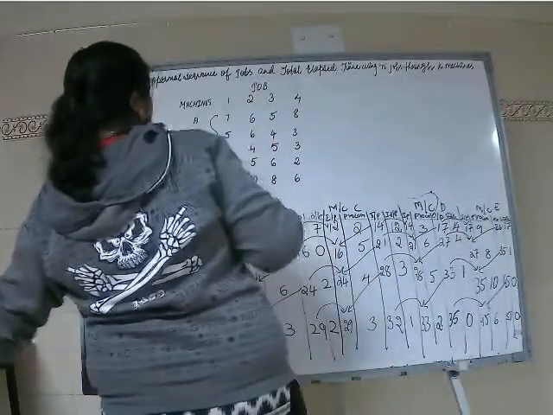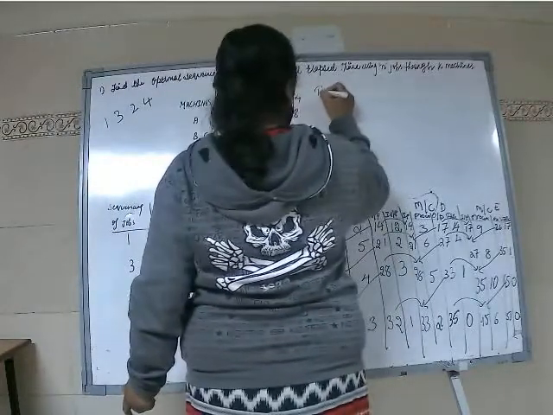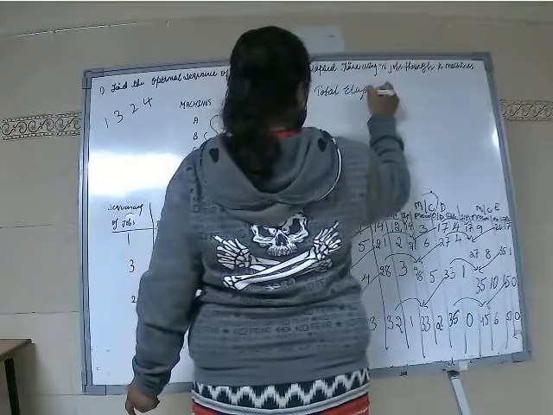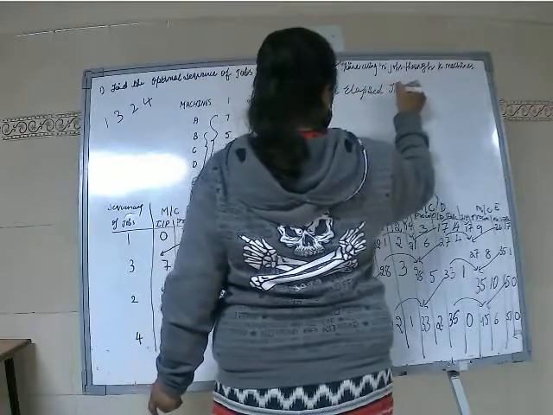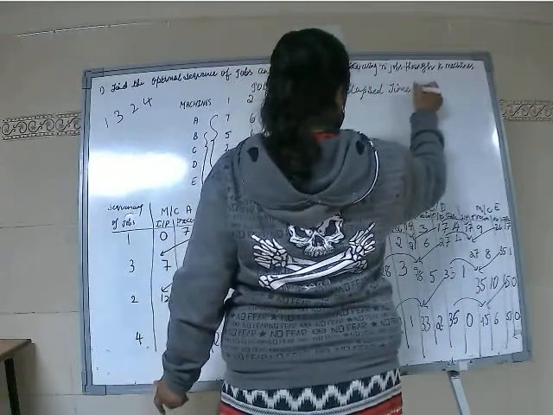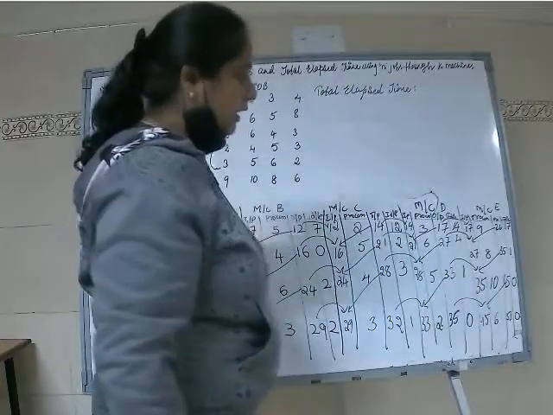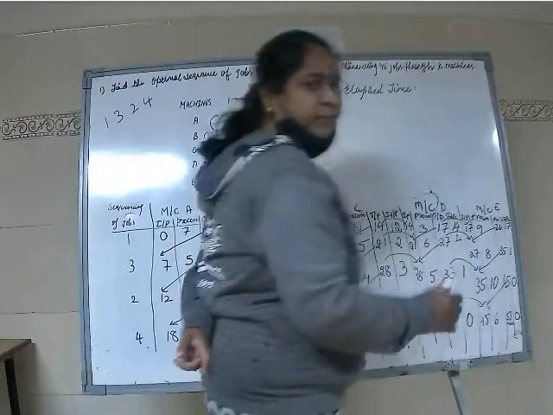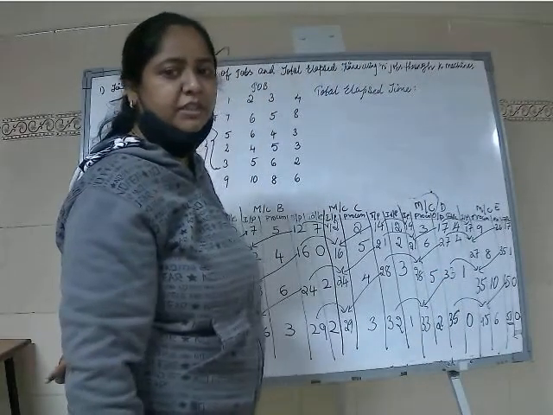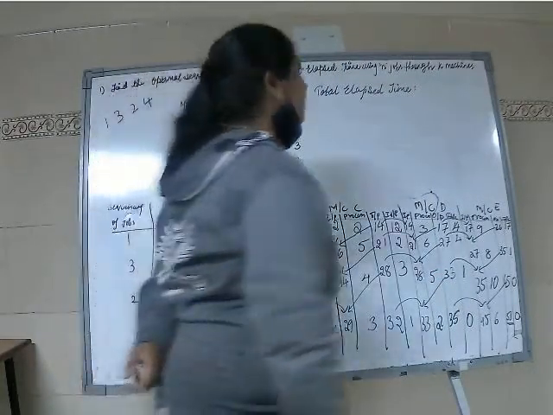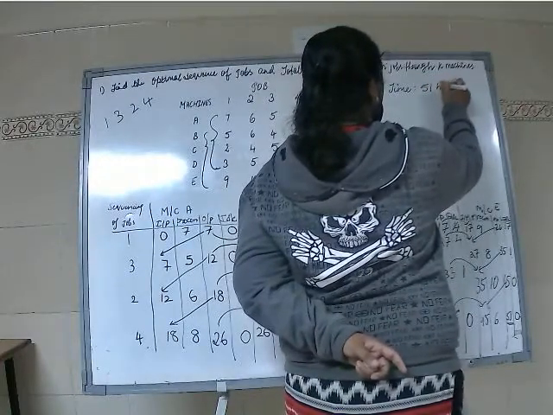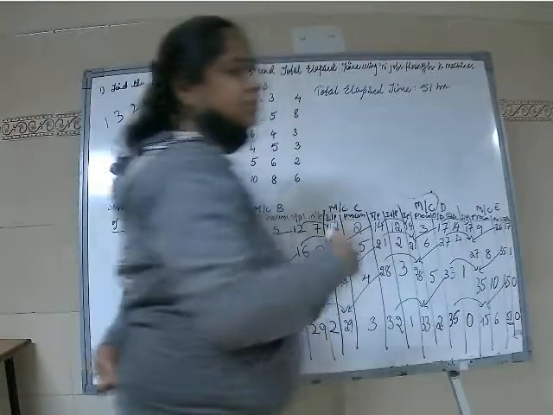So here total elapsed time is nothing but the last output of machine E. What is the last output of machine E? It is 51. So 51 hours is your total elapsed time.